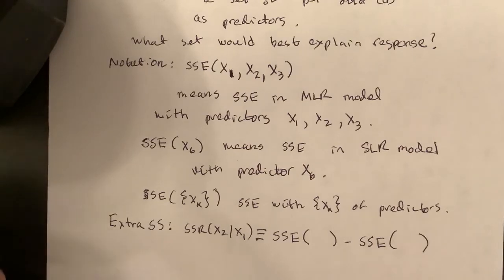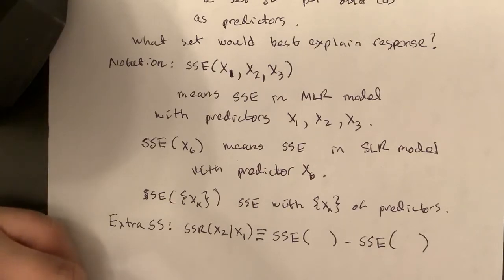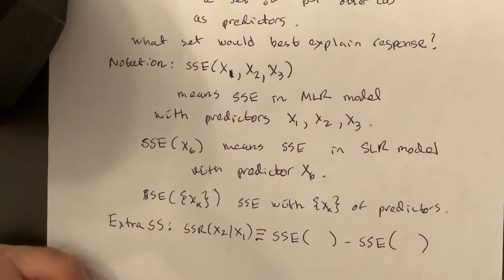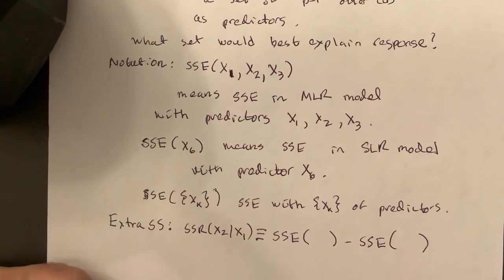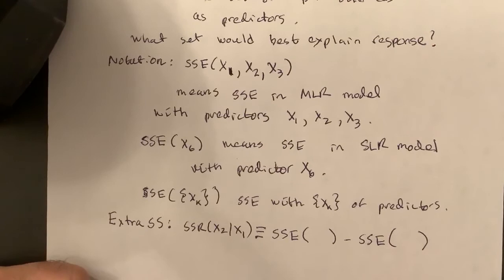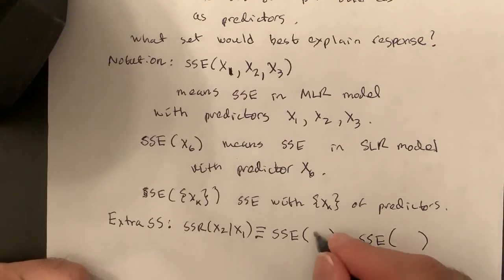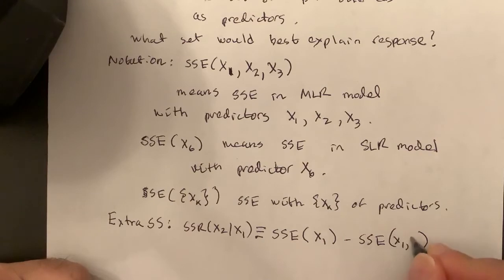Model won't get worse if I add x2 to it, so it seems like you should get more explanation. It should be positive. So this should be, and we'll show it, SSE x1 minus SSE x1, x2, because the x1, x2 is a better model, right? So that SSE is lower. So this will give me a positive number.